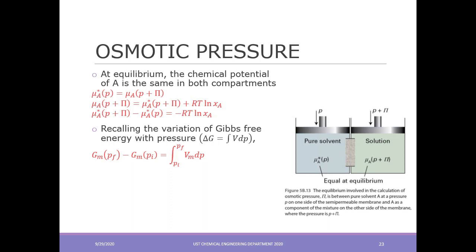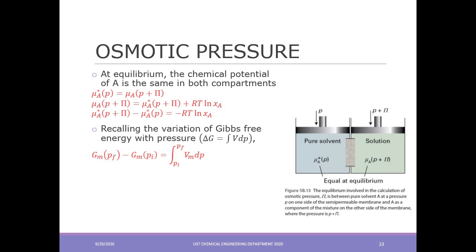Recalling the variation of Gibbs free energy with pressure discussed in Module 1, we know that the change in molar Gibbs energy, or the final molar Gibbs energy minus initial molar Gibbs energy, is equal to the integral of molar volume times dP evaluated from initial to final pressure.